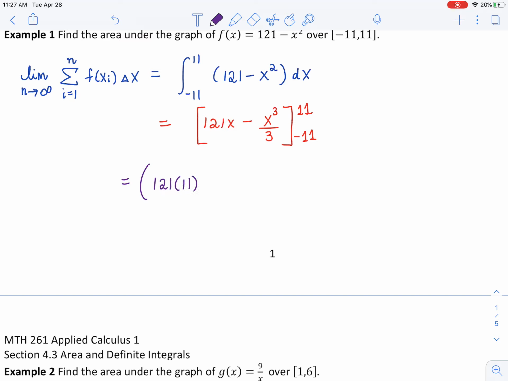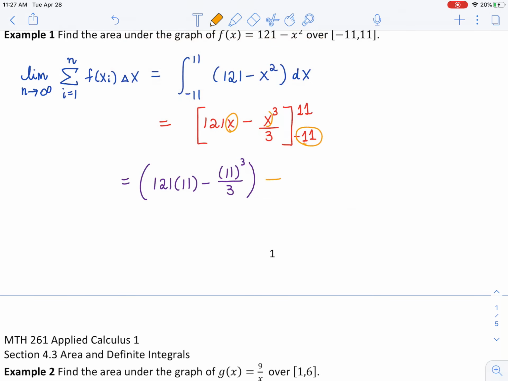You're going to get 121 times 11 minus 11 cubed divided by 3. That's the first thing that you're going to have, and what we just did is big F of 11. Now, what do we have to subtract, right? Let me erase this. I don't want to confuse anybody.